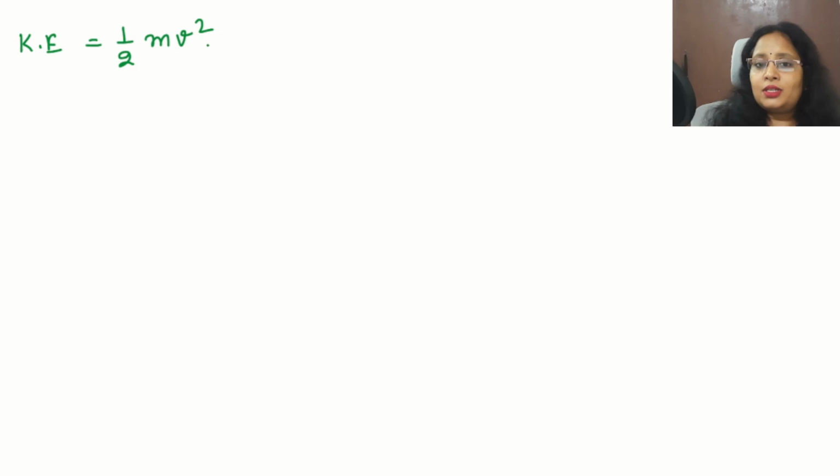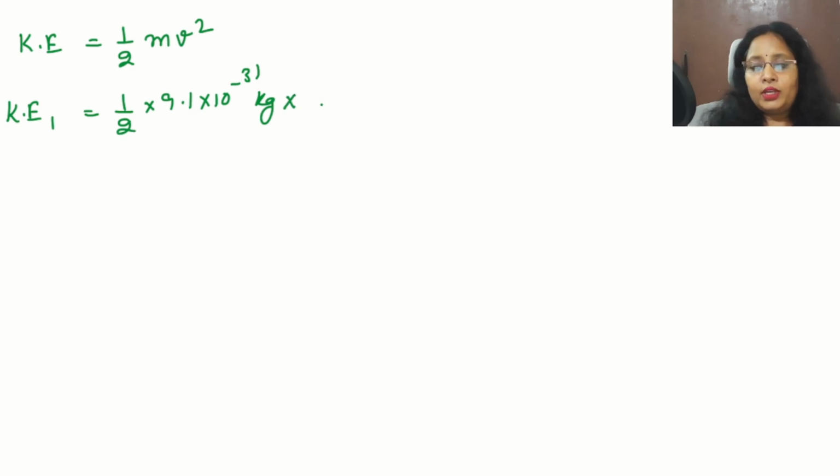Velocity is given 3 times in 3 different observations, so in the same way we will get 3 values of kinetic energy. KE1 should be 1 by 2 into 9.1 into 10 to the power minus 31 kg, because the mass of the electron is 9.1 into 10 to the power minus 31 kg, into v square.